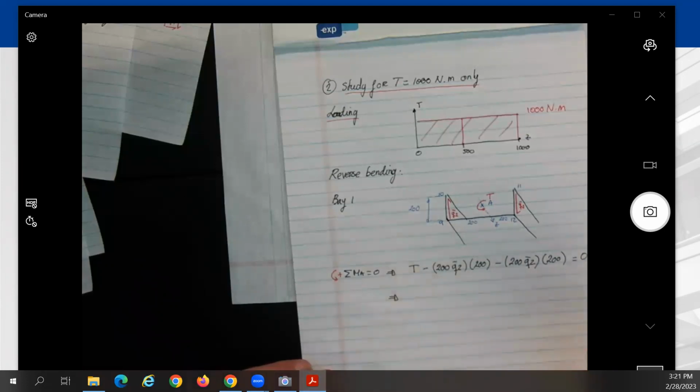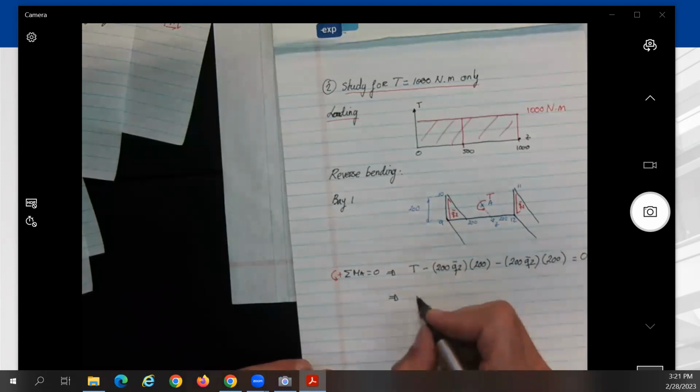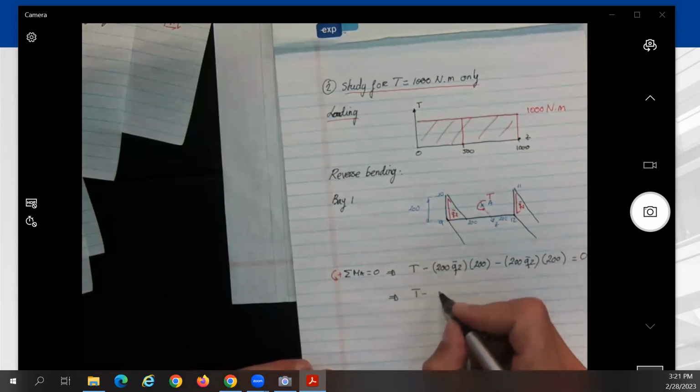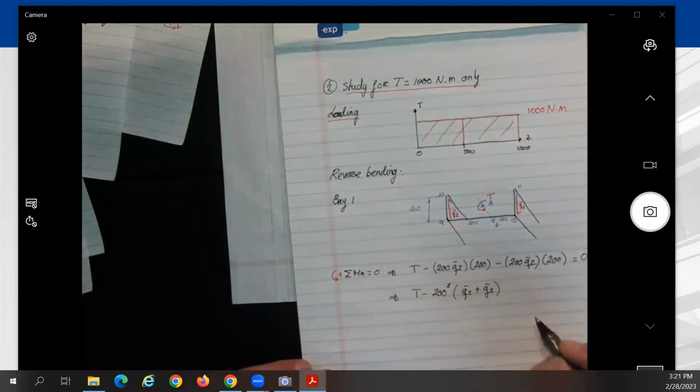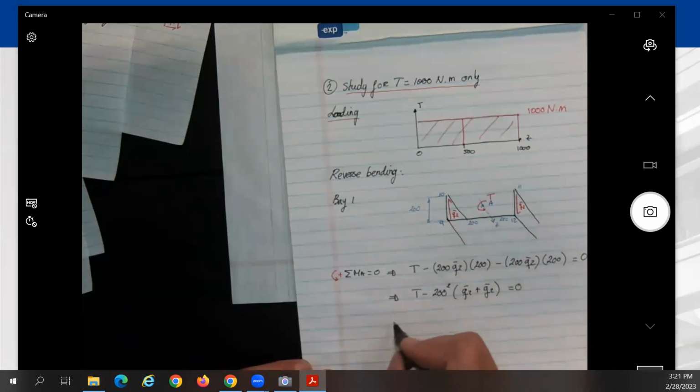We can solve for this, so let's say we have T minus 200 squared. That's maybe not a very smart way to factor out, but Q bar 2 plus Q bar 2 equal to 0. So basically what I'm trying to solve here is for what?